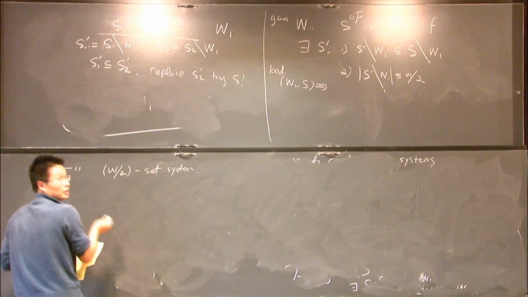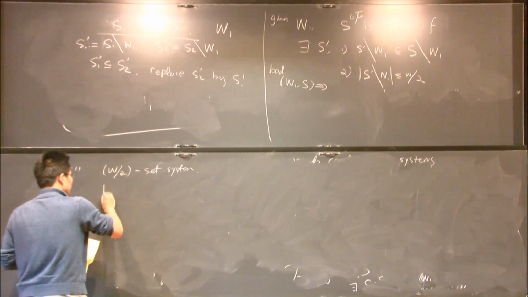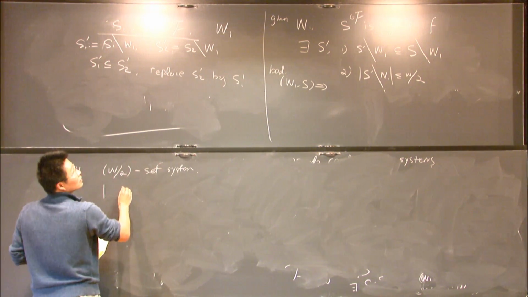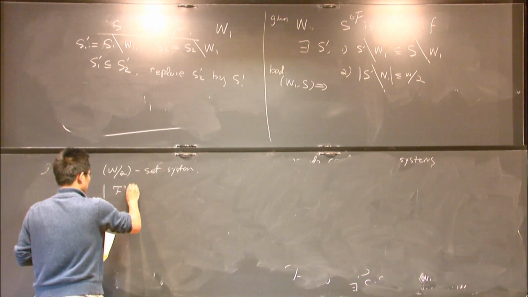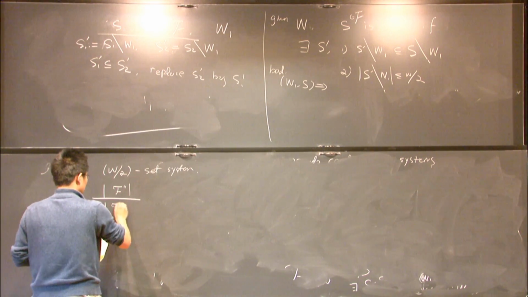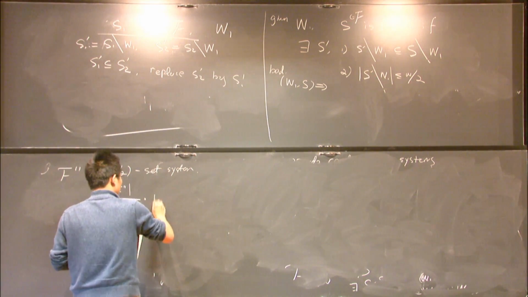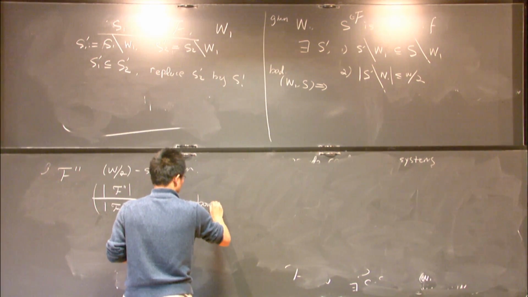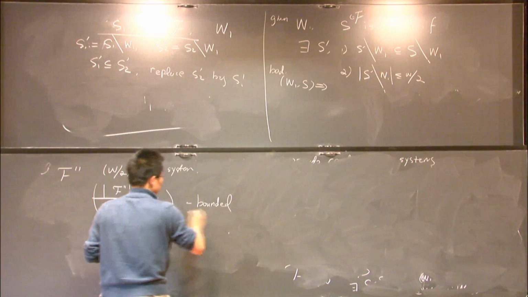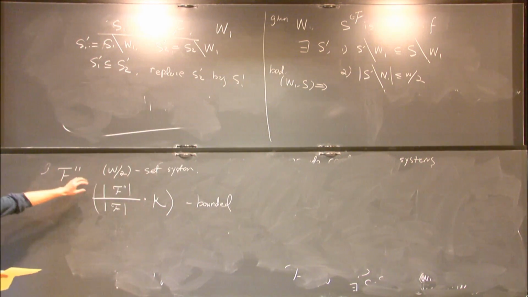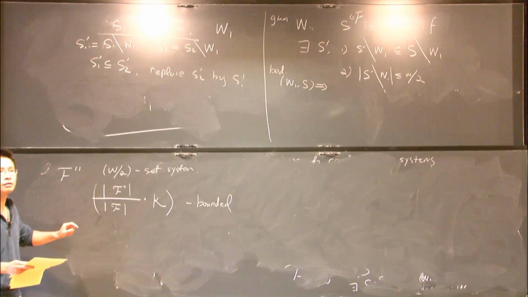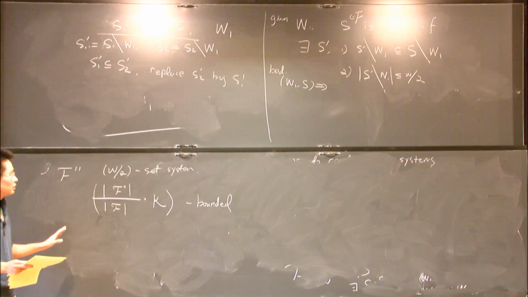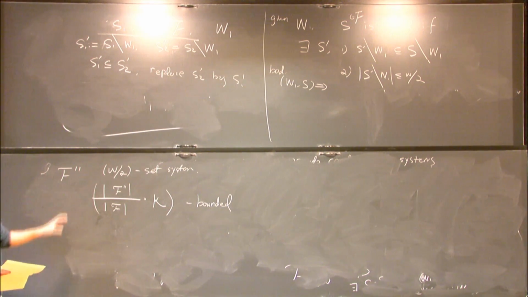The boundedness of this set system is the size of F prime over the size of F times kappa bounded. By simple calculation, we can show the size of F prime over F is bounded. That's why I call it almost kappa bounded.